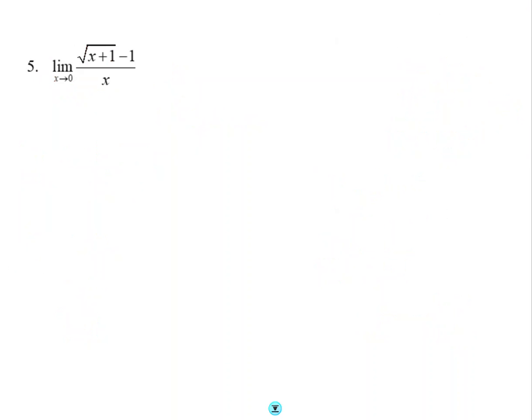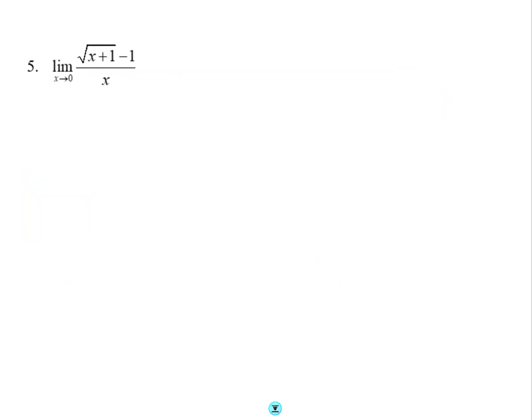Here I have the limit as x approaches 0 of (square root of x plus 1, minus 1) over x. If I try direct substitution first, I end up with an indeterminate form, 0 divided by 0. This is not something that I can factor, so another technique that we can use is to multiply by the conjugate.